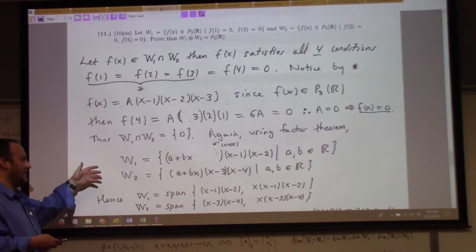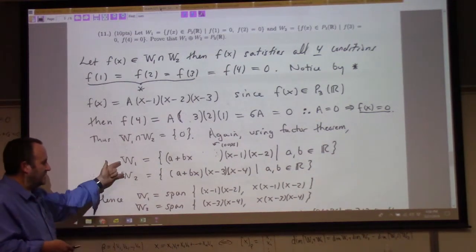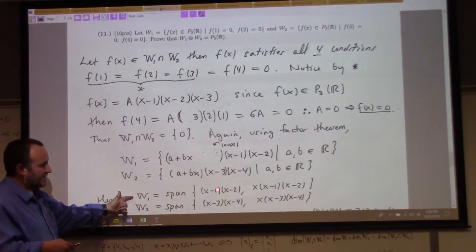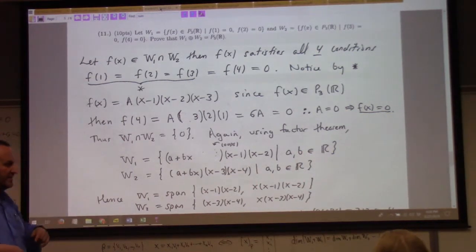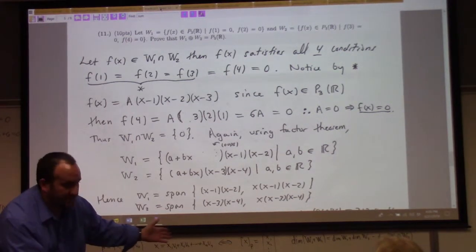Now, what I did, though, I guess I did use this to say that it's clear from this that W1 is the span of that, and W2 is the span of that, which shows me that the dimensions of W1 and W2 are respectively 2. And actually, if I remembered this theorem, I'd already be done.